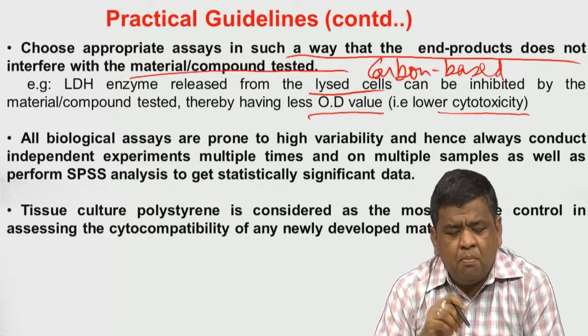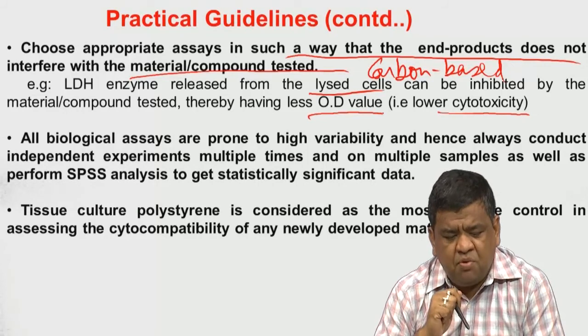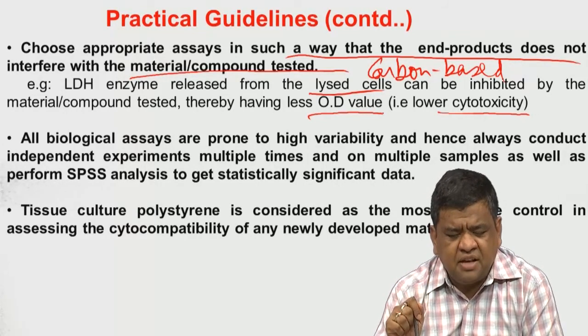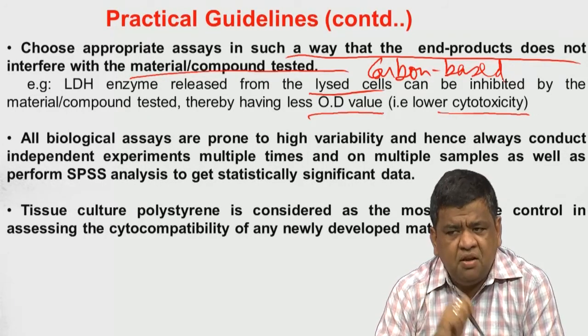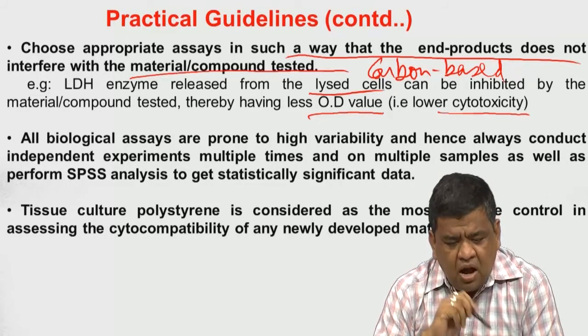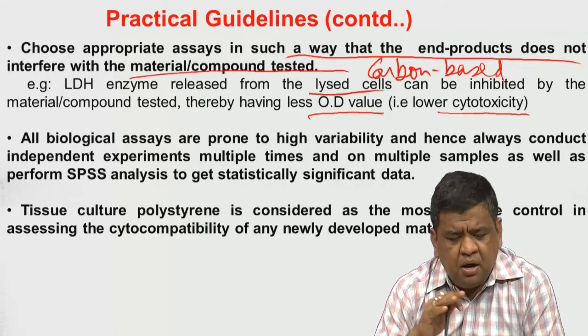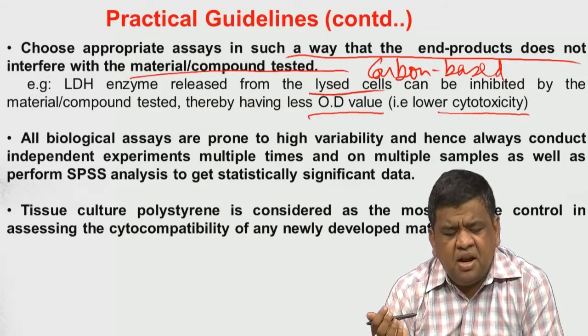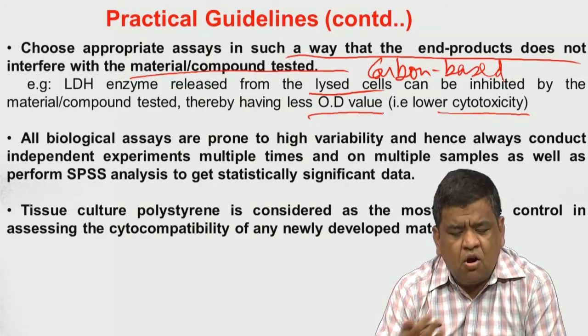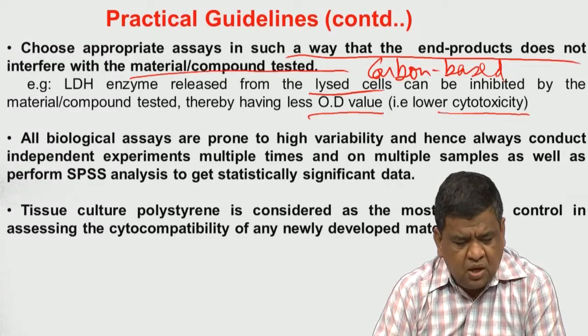So, any compound which is present in the culture medium or whose toxicity you want to assess, if that compound inhibits the release of the LDH enzyme to the solution, then automatically you can get lower optical density values. Okay.